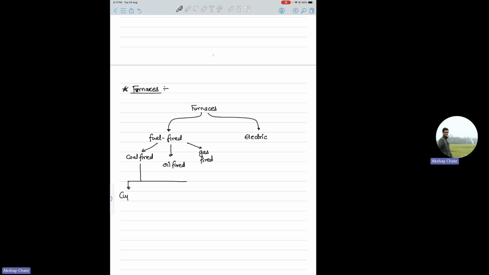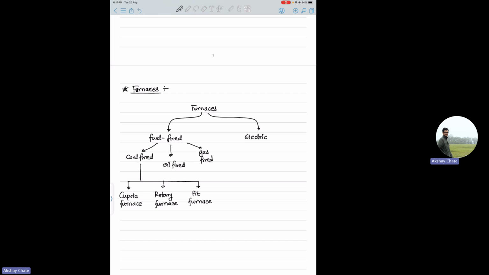One is called the cupola furnace. Then there are some rotary furnaces and some pit furnaces. Okay, so this is a general classification. It's not like there are only these three. There are more than these three, but these three are the prominent ones.